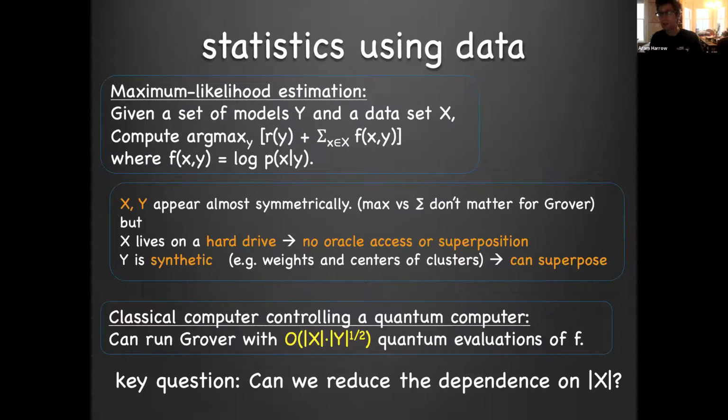So basically, Y are the possible models, and you're assuming that there exists some model, and then the data set X is sampled from the distribution corresponding to that model. Now, maybe in practice, the more data you have, the richer the family of models you can search over. So there may be some kind of implicit dependence like that, but in general, there doesn't have to be a direct relation between them.